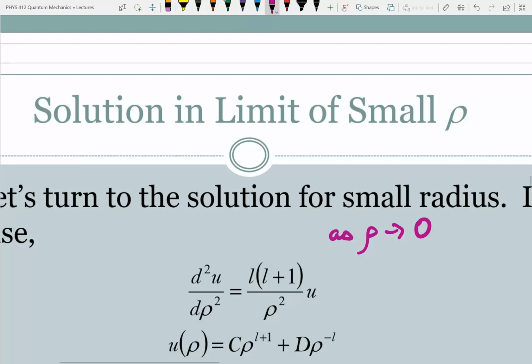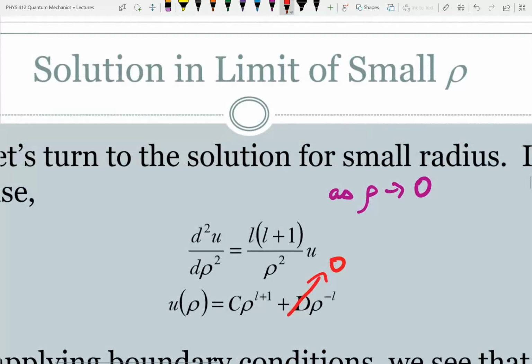What about rho to the minus l as rho approaches 0? It goes to infinity. So that means D has to be 0.